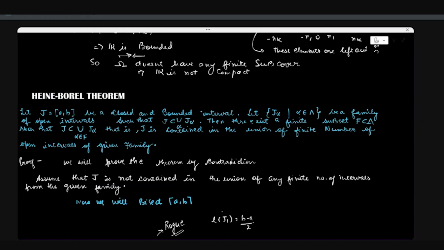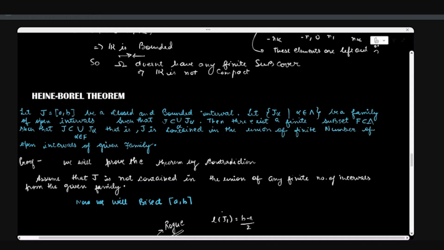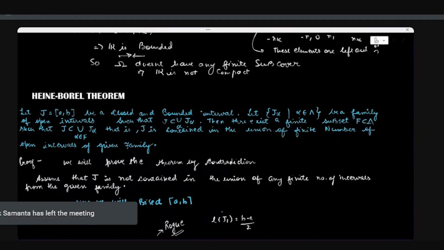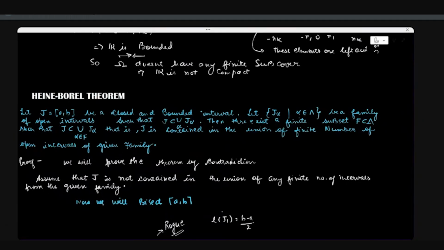First I will give you the idea of the proof. We will prove it by the standard method of contradiction. First, we will suppose that the open cover J alpha we are given doesn't have a finite subcover.